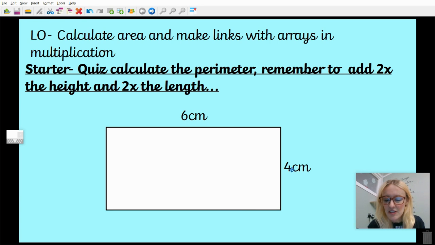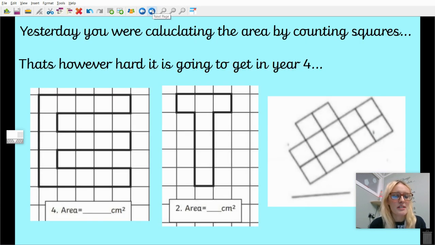So you're going to do 4, add 4, add 6, add 6, and you're going to have to add all of that up. So it's using lots of doubles knowledge. 6 and 6 is 12, 4 add 4 is 8, altogether the perimeter is 20, okay? All right, special quiz today, your starter.